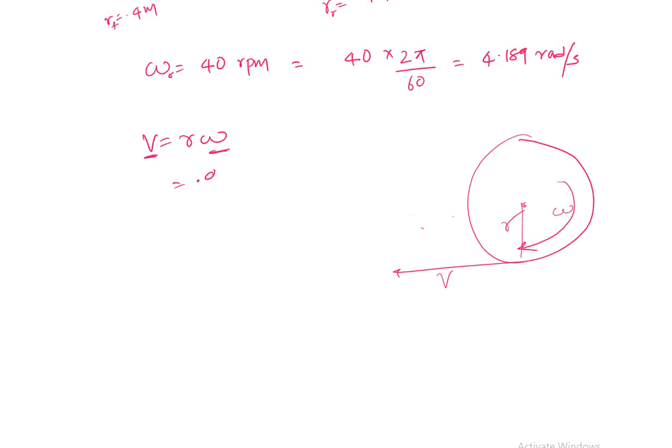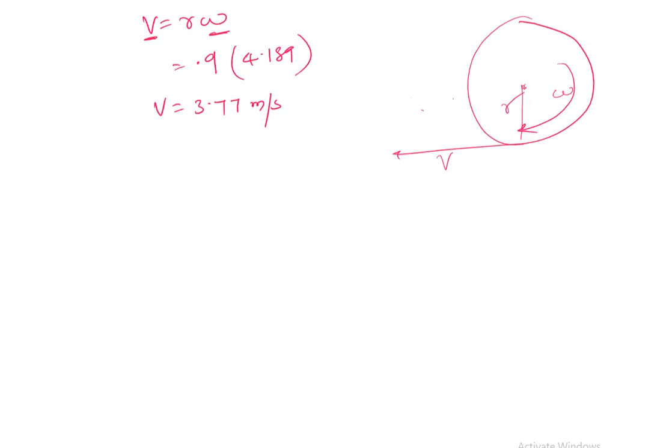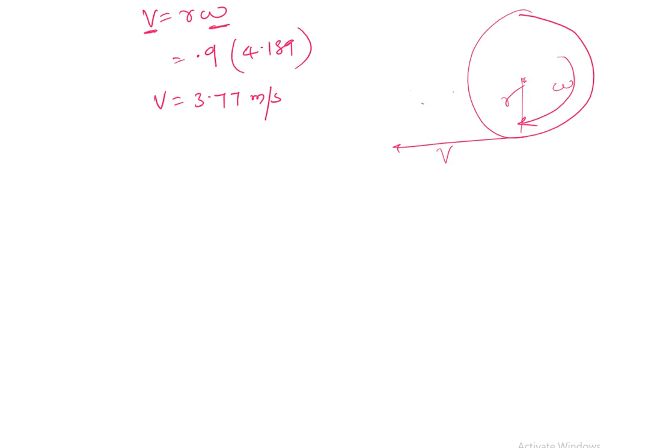R is 0.9 meters and omega we just found is 4.189, so that's 3.77 meters per second. So that is the velocity of the tractor.